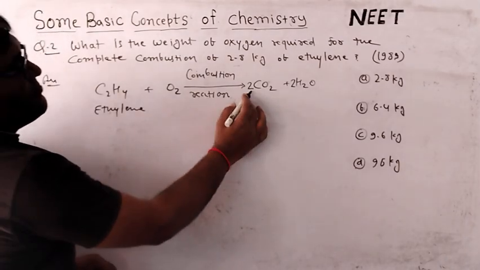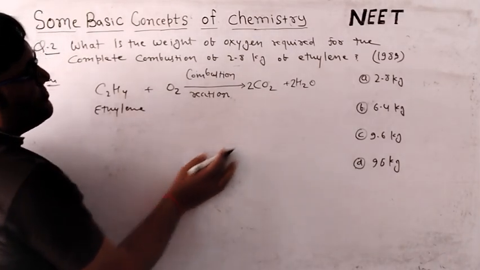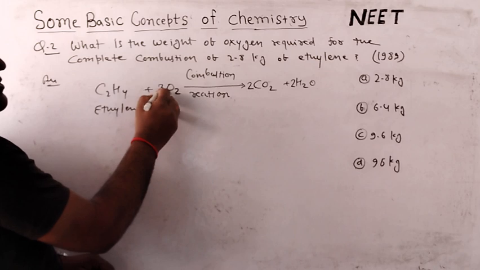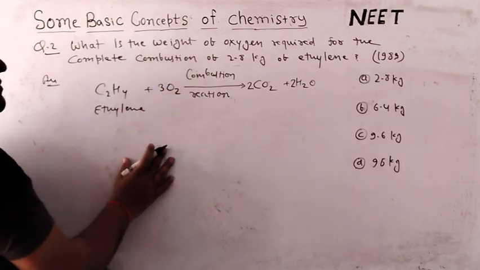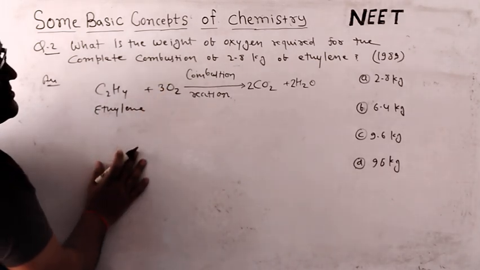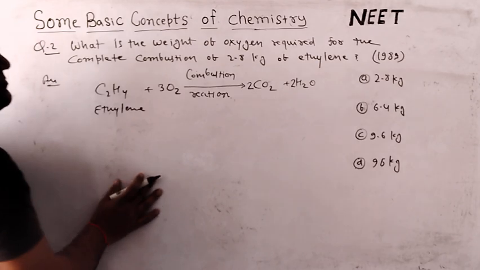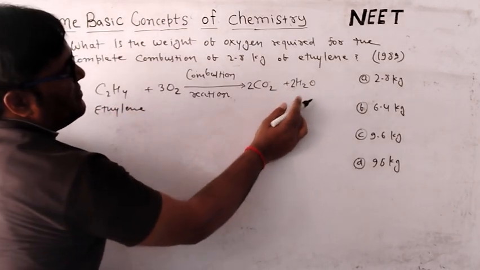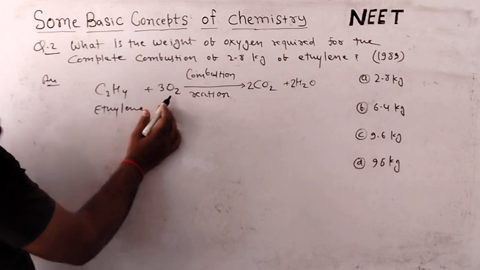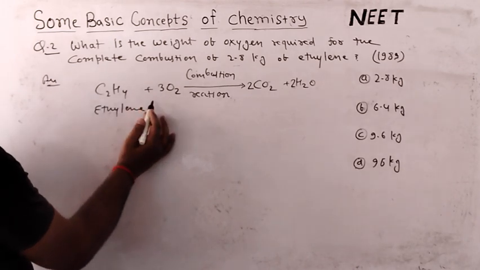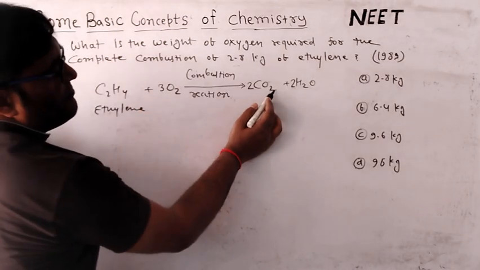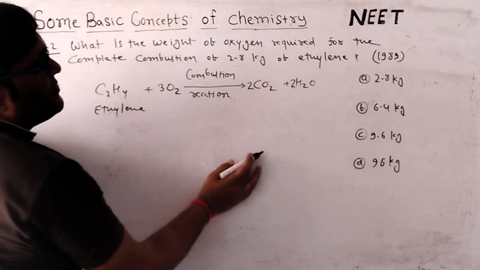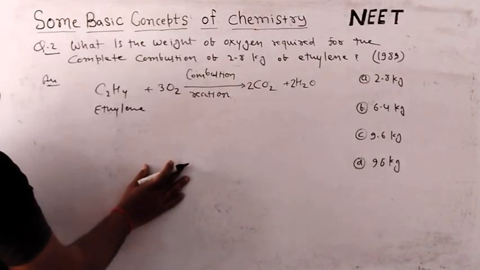Now oxygen: 2 into 2 is 4, plus 2, 6. So now we can write here 3. So carbon is 2 in LHS, in RHS also 2. Hydrogen is 4 in LHS, 2 into 2 is 4 in RHS. Oxygen is 3 into 2, 6 oxygen in LHS. In RHS, 2 into 2 is 4 plus 2, 6. So this combustion reaction is completely balanced.